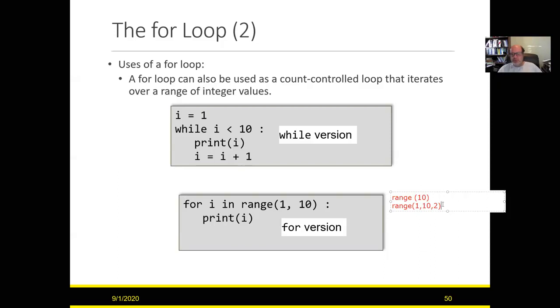So in this case, it's going to go 1, 3, 5, 7, 9, and it's going to stop. The first one is going to go 0, 1, 2, 3, 4, 5, 6, 7, 8, 9. So if I say range 10, that's what we're going to have, which is 10 numbers.